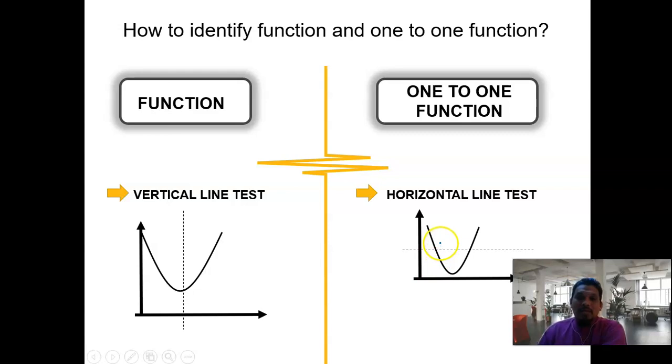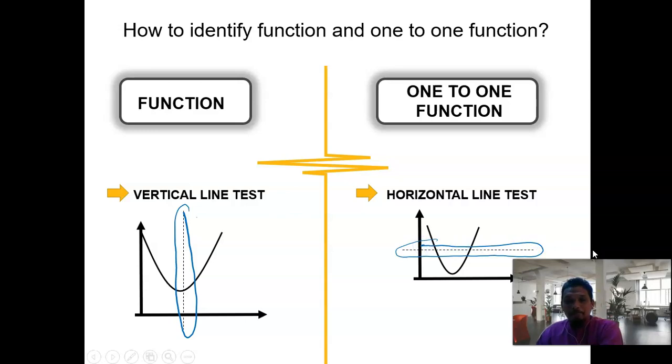So class, to identify whether it's a function, we are using the vertical line test. So this is the vertical line test. And to know whether it's a one-to-one function or not, we are using the horizontal line test. Or as a second option, we can use the algebraic approach.